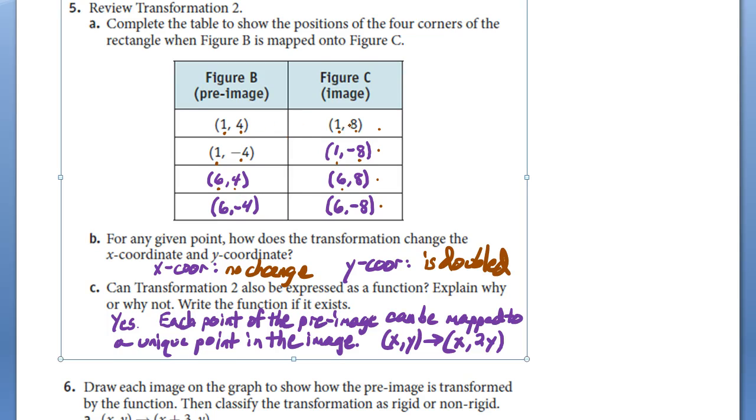They can be mapped to these new four corners, and that would be the case for any other dots on that original rectangle. They would move to new locations to create figure C. Here is the function written out using algebra: (x, y) goes to (x, 2y). Notice the 2y is how you show doubling.